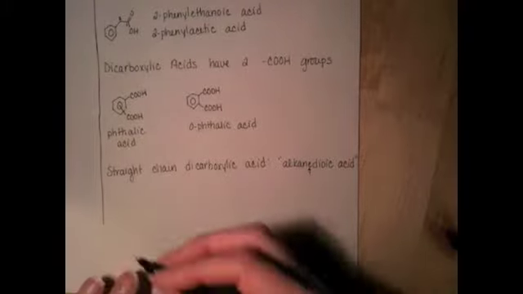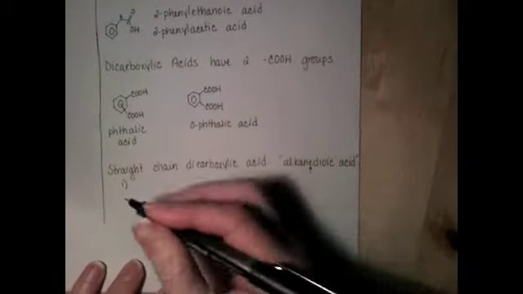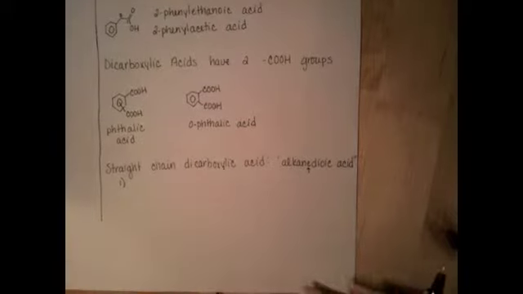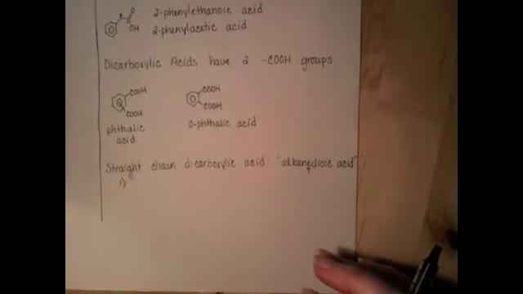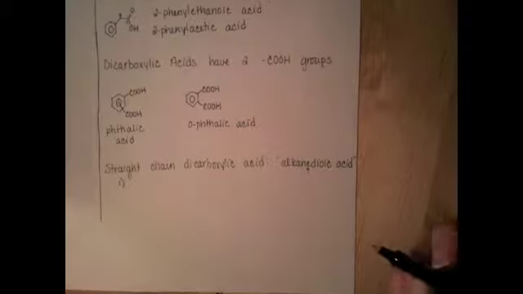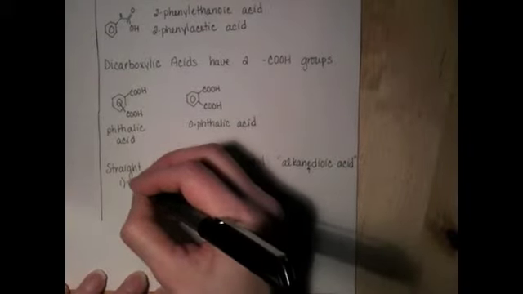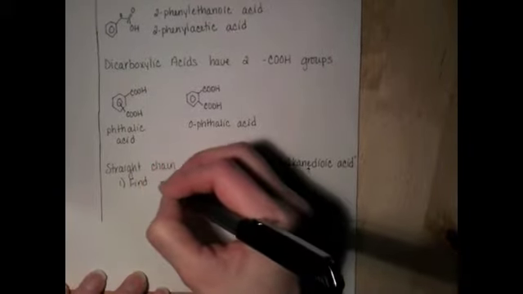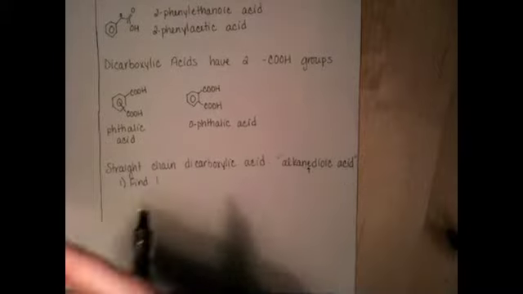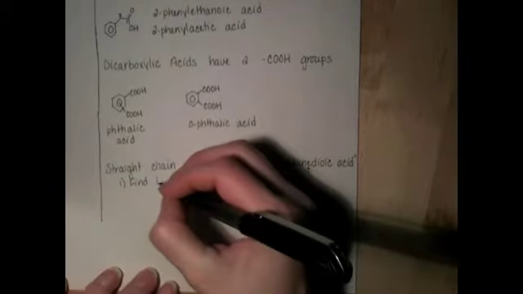To name a straight chain dicarboxylic acid, your strategy is to find the longest carbon chain that contains both of the carboxyl groups. So you're going to count from one carboxyl group to the other. They have to be at the ends of the chains. You can't have a carboxyl group in the middle of a chain. It doesn't work that way.